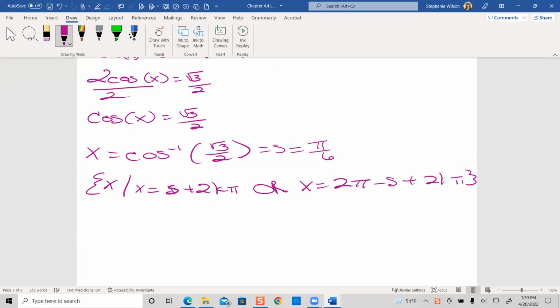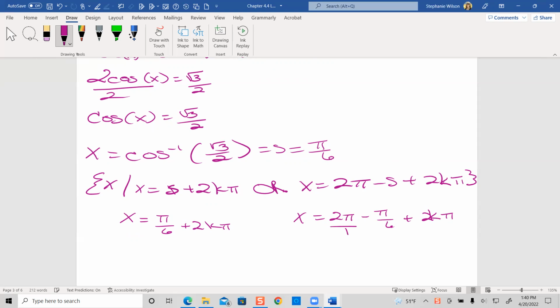All right, now let's plug in. So this value over here, we get x is equal to pi over 6 plus 2k pi. This one here, I get x is equal to 2 pi minus that pi over 6 plus 2k pi. All right, I'm going to add or subtract these two.